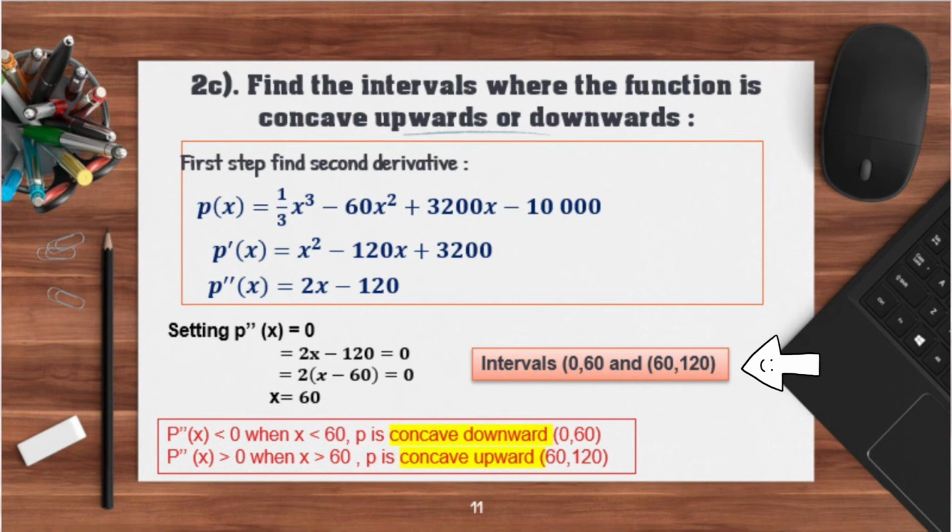We consider the intervals 0 to 60 and 60 to 120. Therefore, P double prime x is smaller than 0 when x is smaller than 60, so P is concave downward on the interval 0 to 60. P double prime x is greater than 0 when x is greater than 60, so P is concave upward on the interval 60 to 120.